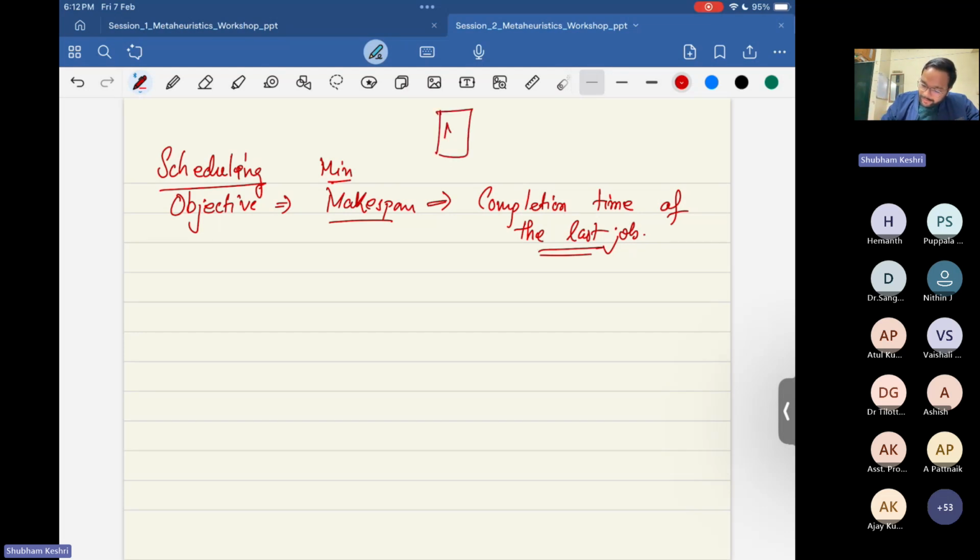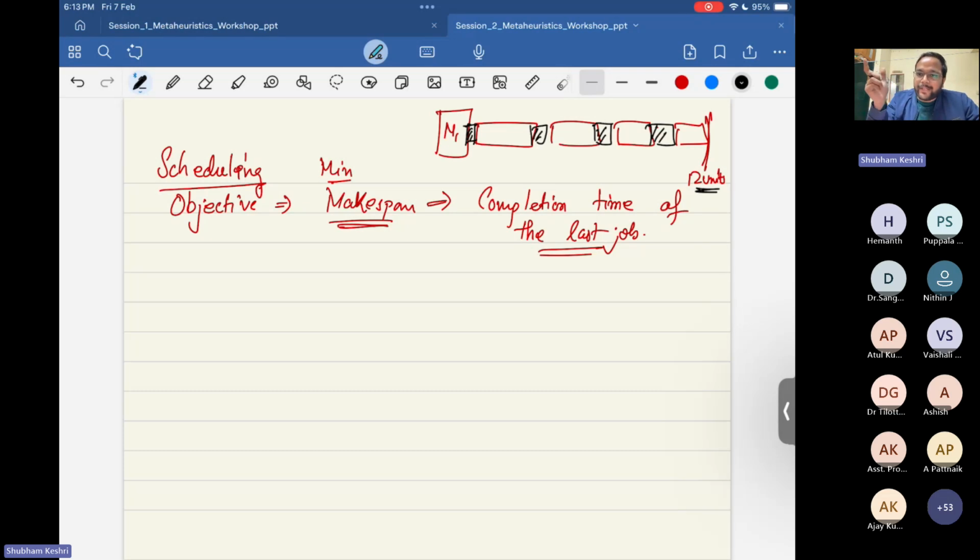If you have machine 1 and some jobs, and suppose the completion time of the last job is 12 units, and there is some idle time over here, you will not be able to obtain 12 units if you don't have a decoder. Suppose you have encoded this as job 3, job 1, job 4 and job 2.